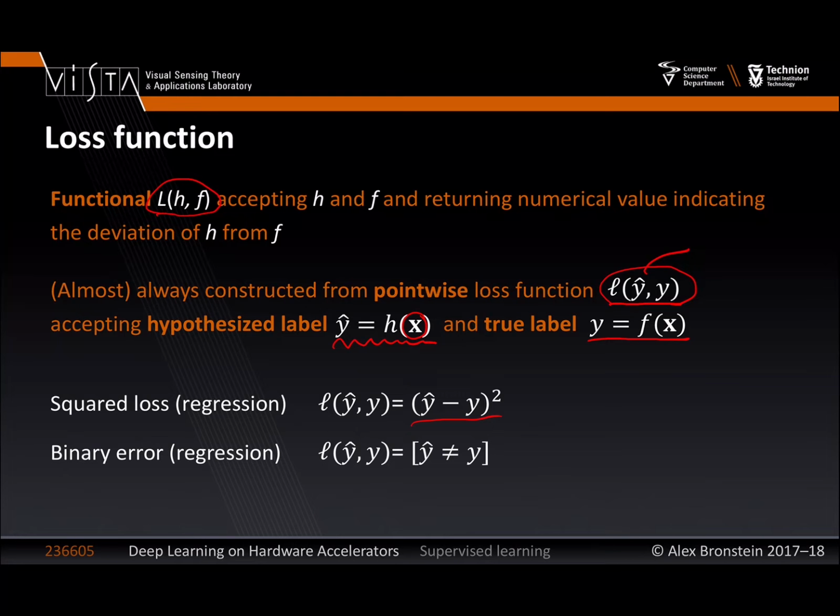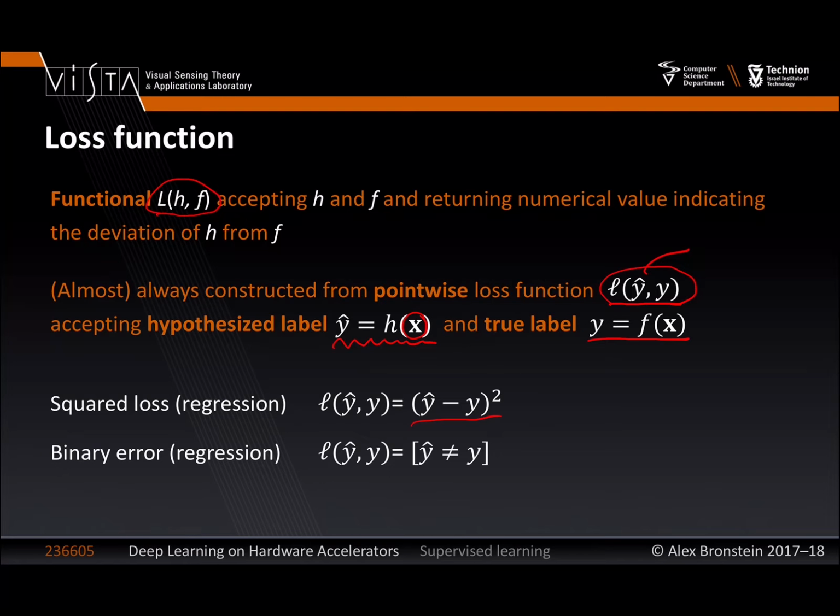And then I'm going to somehow aggregate this pointwise loss into a functional capital L. Okay, so what would be a natural thing to do here? Let's take the expectation over x coming from the instance distribution, right? So you have some instances that happen very frequently because they have a peak in the distribution, and some instances never happen.